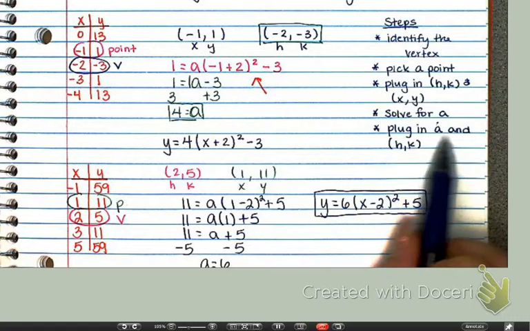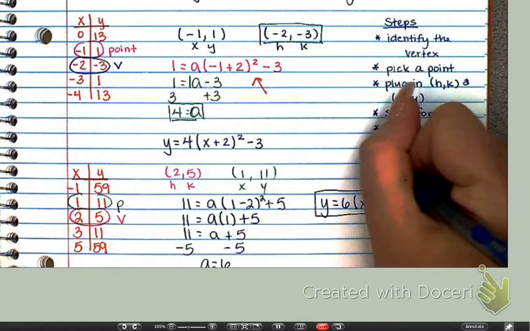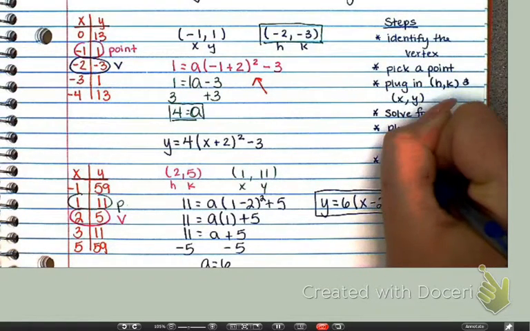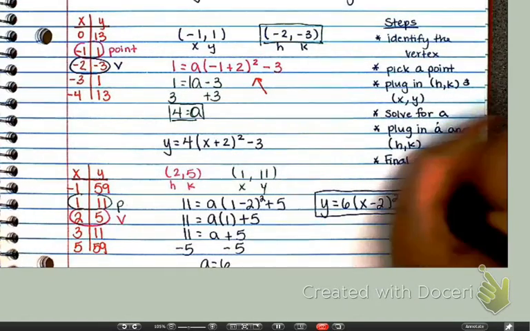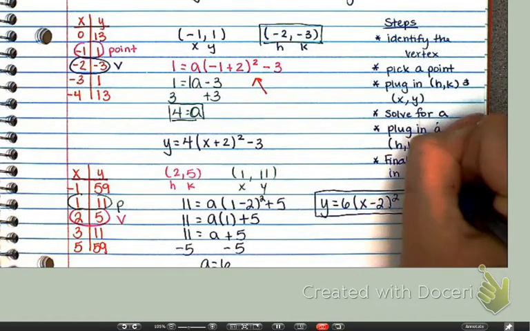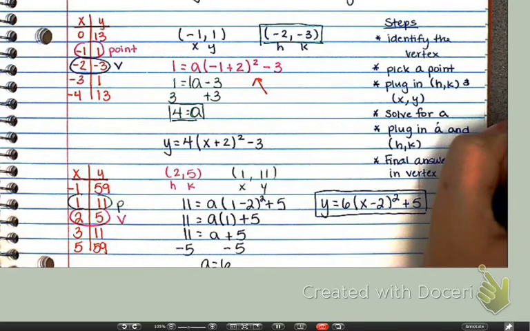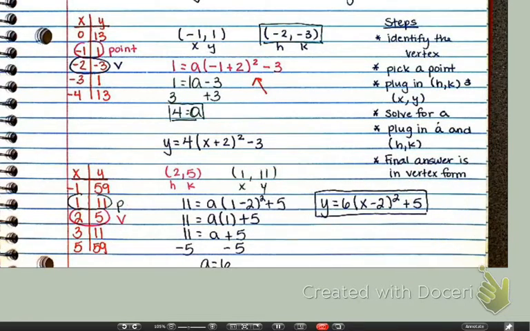Where it says plug in a, h, and k, final answer is in vertex form. You should have an equation. So solving for a is great, but your final answer is an equation.